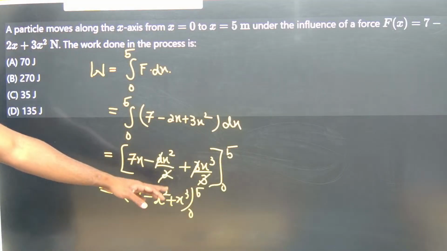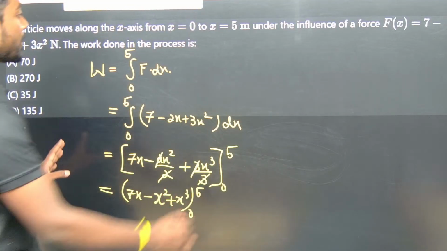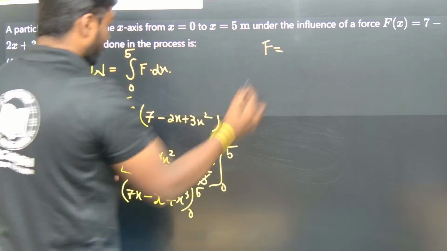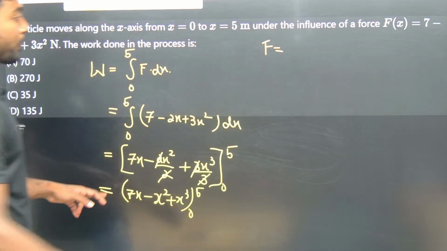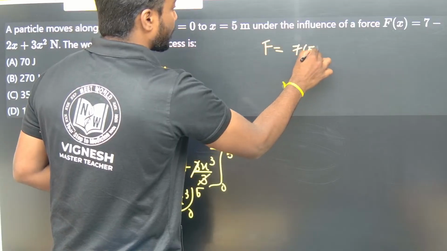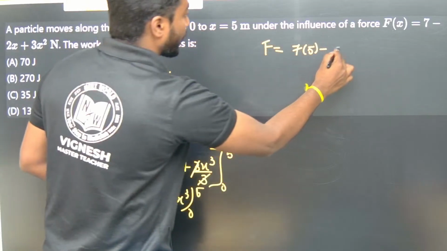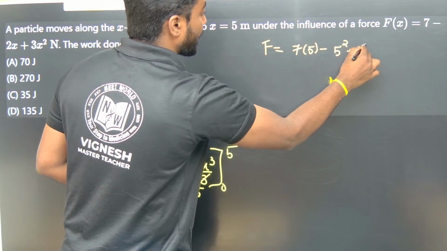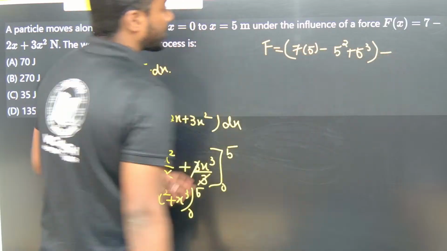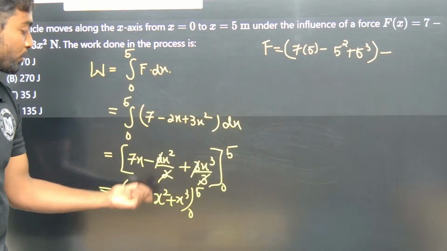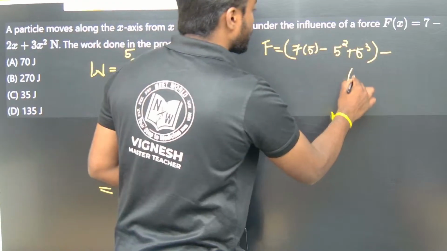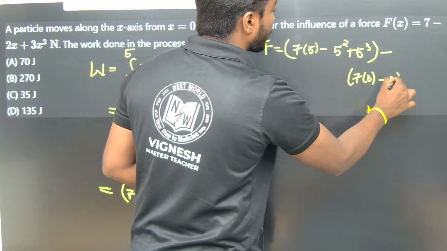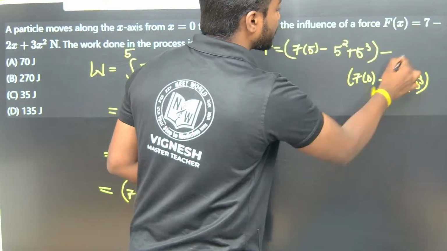Now substitute the values, upper limit minus lower limit. What is the upper limit? 7 into 5 minus 5 square plus 5 cube. Guys, I have substituted the upper limit. Now the lower limit, 7 into 0 minus 0 square plus 0 cube, so this total term will become 0.